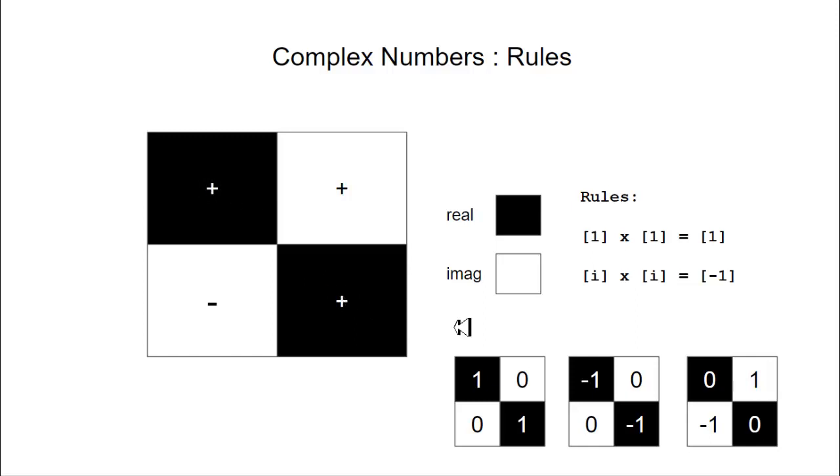When you put positive ones on the forward diagonal, take positive ones in the forward diagonal of a second matrix and multiply them together, when you square 1, you get 1. In other words, you get ones on the forward diagonal. So 1 times 1 equals 1.